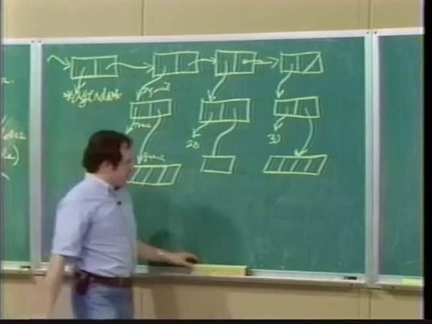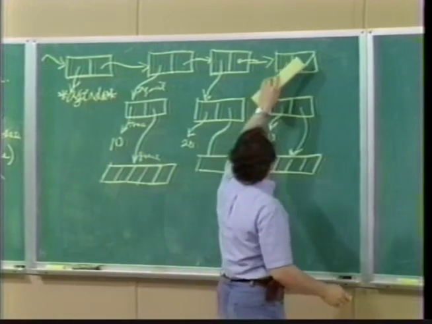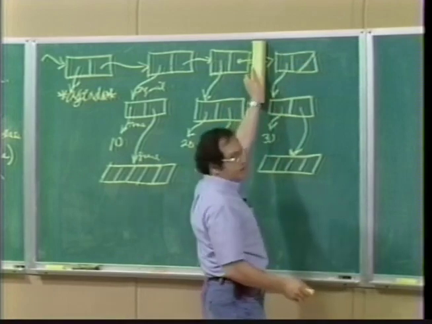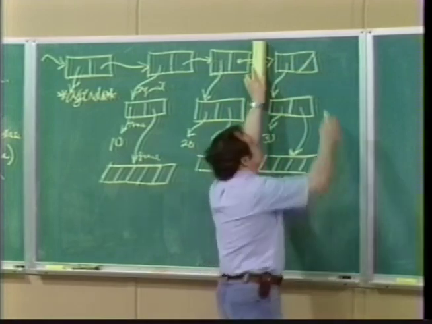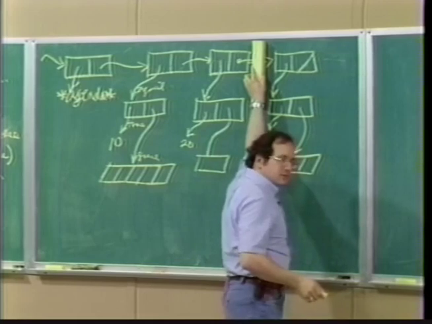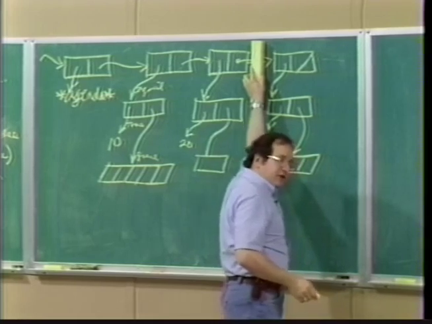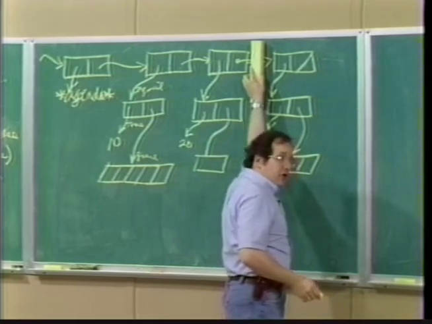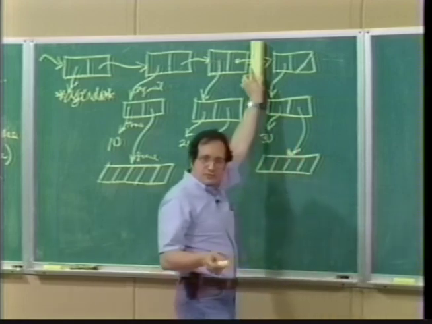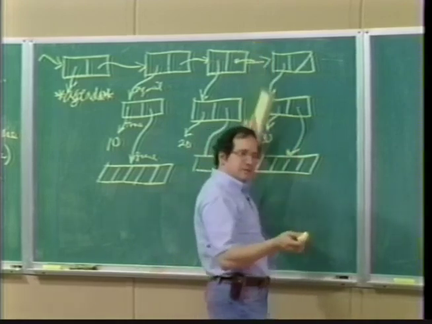If I wanted to add something at the end, I'm going to have to replace the cdr of this list with something. I'm going to have to change that piece of data structure. So I'm going to need new primitives for doing this. But I'm going to show you why I need them.